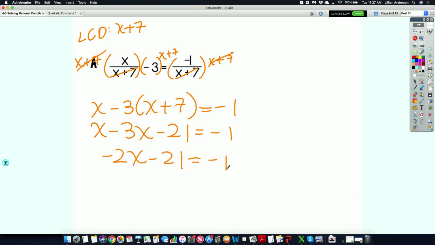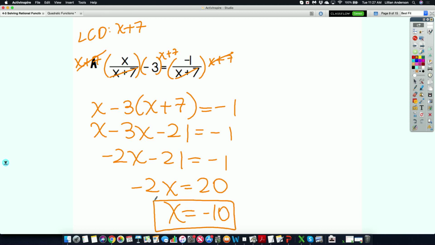Keep going. What's negative 1 plus 21? And then x equals. Let's check it with the denominators. If I plug negative 10 into either denominator, what's my denominator going to be?